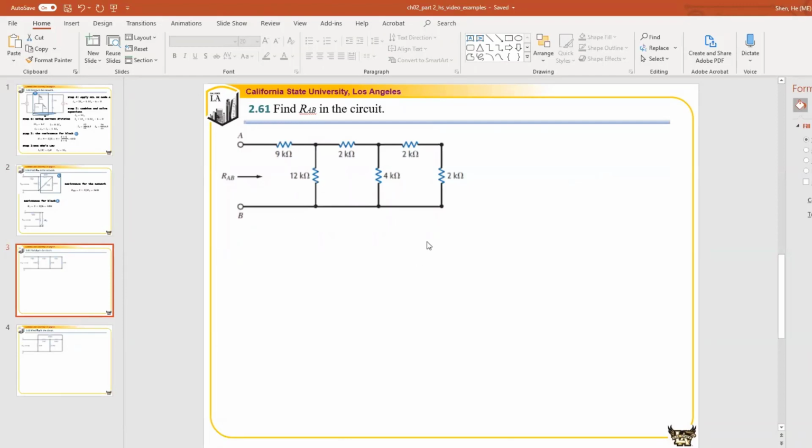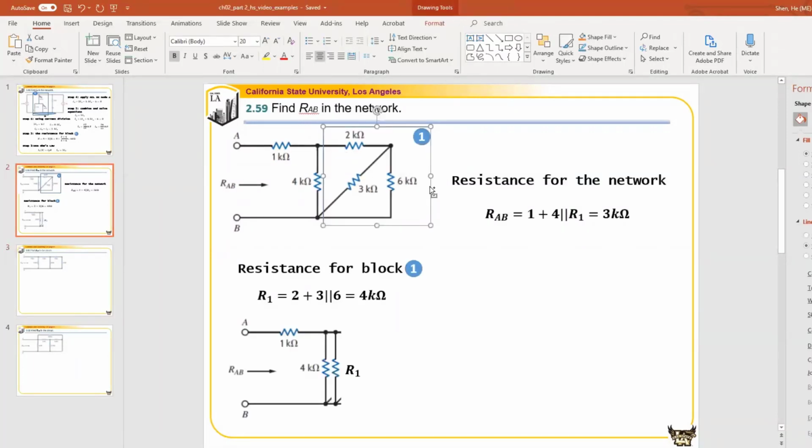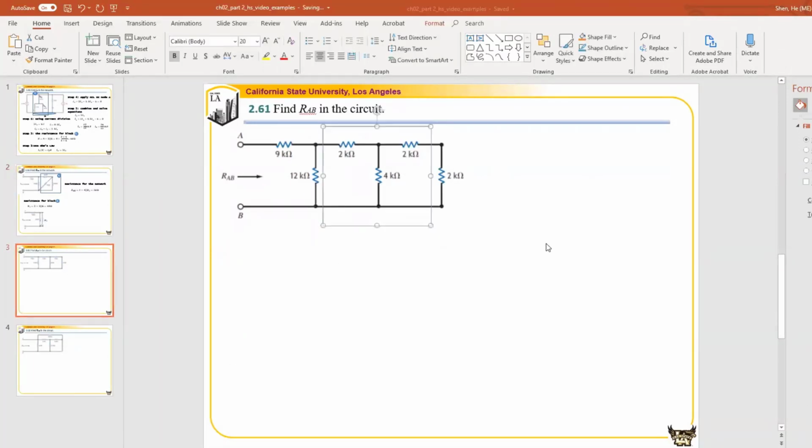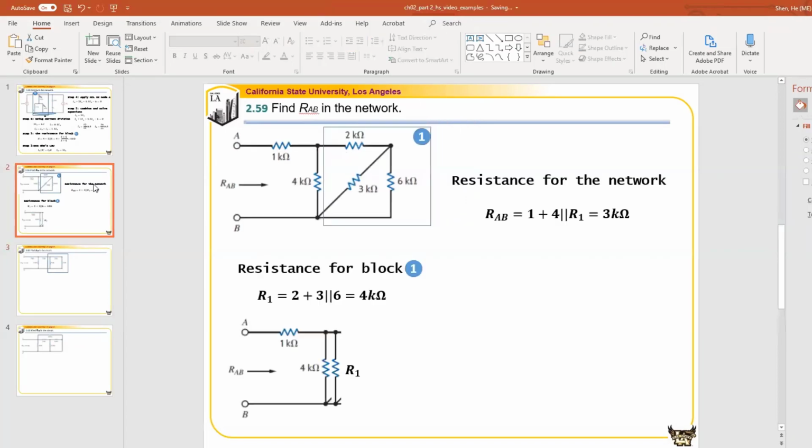For the second example, because it is easy to see the connection, we don't need to bother using the method that I'm going to teach you. We're going to do it block by block. If we can simplify this block to one resistor, the problem will be gradually simplified.